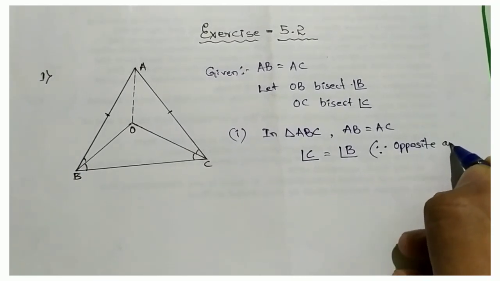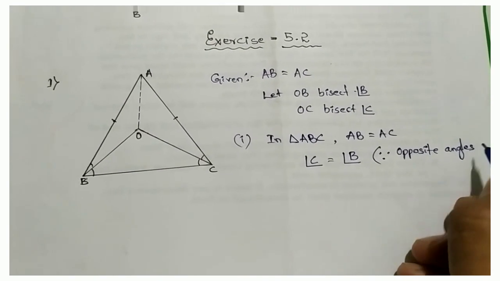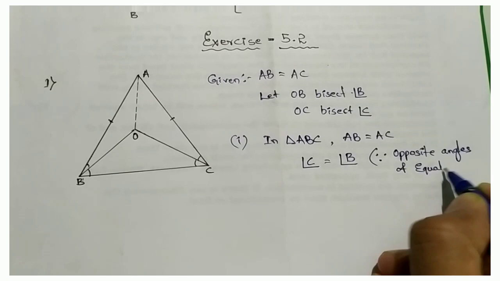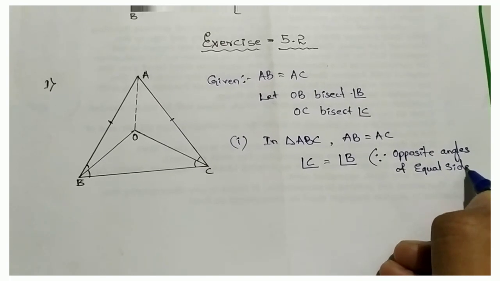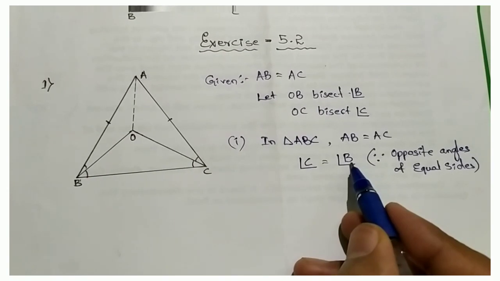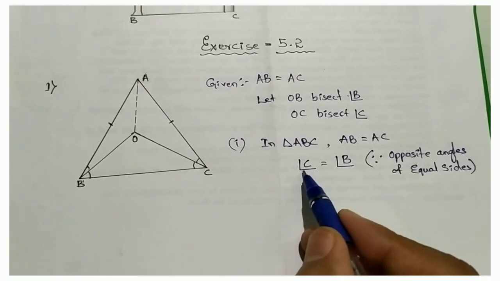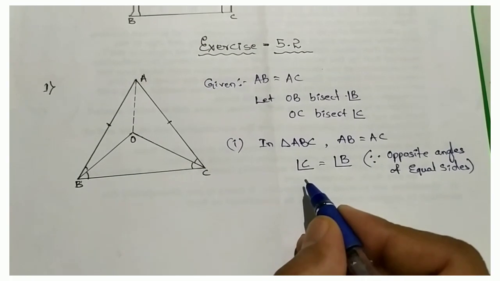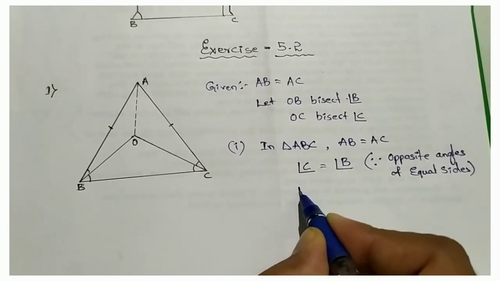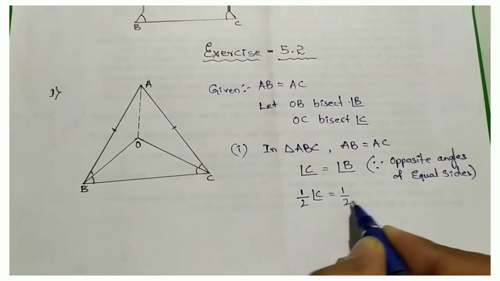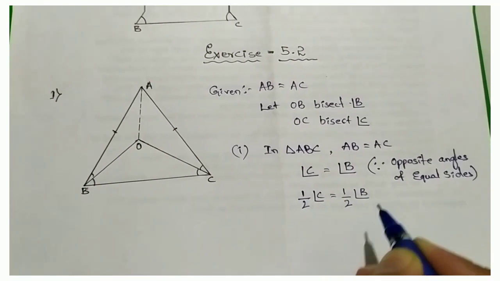So if angle C equal to angle B, then half of C is equal to half of angle B.